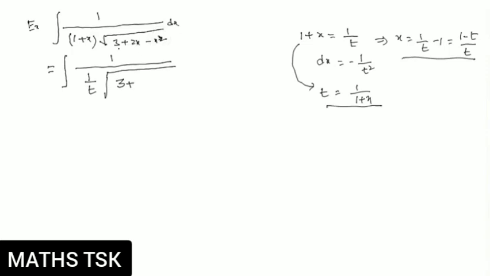I can factorize, I think, (3 minus x) into (1 plus x). Let us write it as 3 plus 2 into (1 minus t) by t, then minus x square becomes ((1 minus t) by t) whole square, into the derivative of x, which is minus 1 by t square dt.